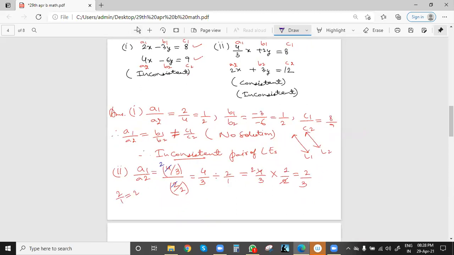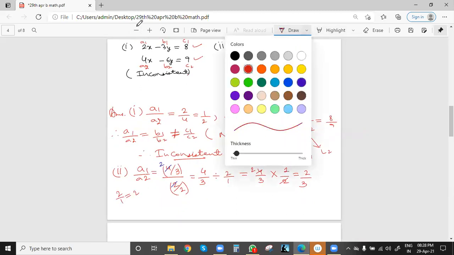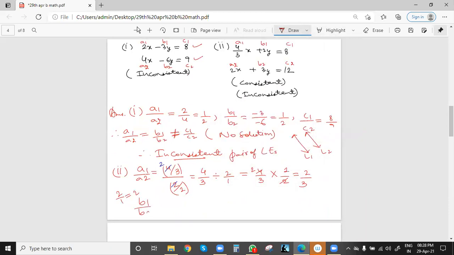Now we have to find b1 by b2. So b1 by b2 becomes 2 by 2, b1 is 2, b2 is 2. Fine. Now we have to find the value of c1 by c2. c1 is 8 and c2 is 12. Both are on the right hand side, so if you send them to the left hand side, both will become minus.